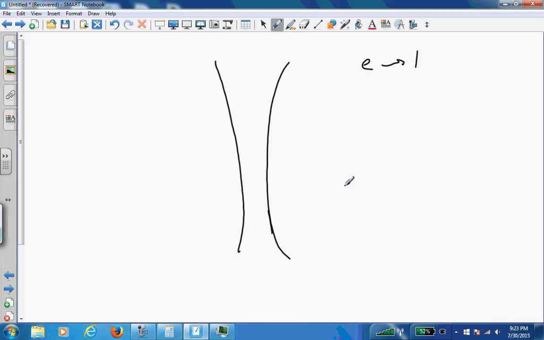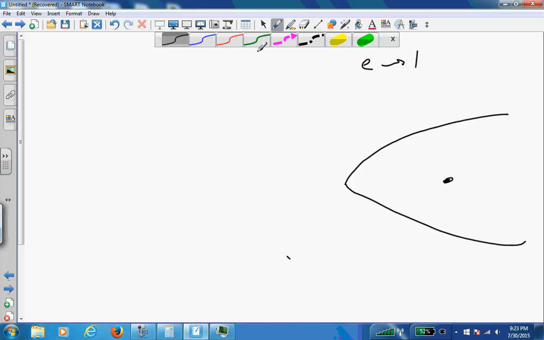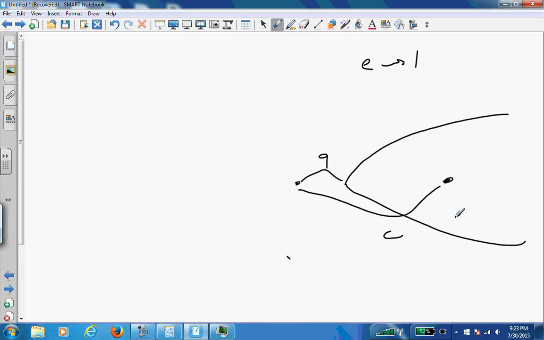If the focus gets way out here, think about if our center is here, then that's a. c is a lot bigger, so if c gets farther from a, that makes narrower hyperbolas.